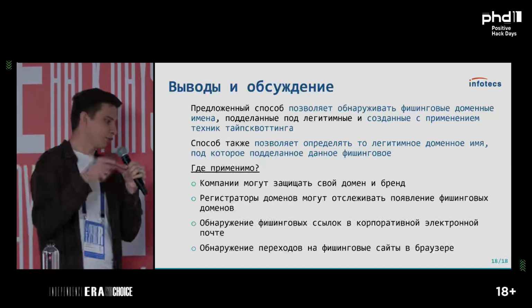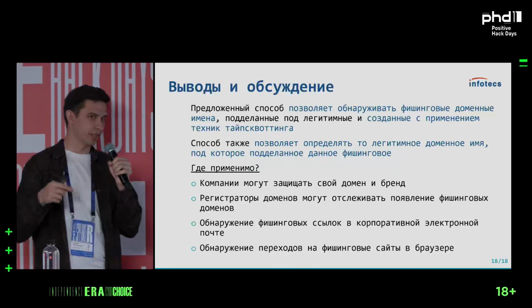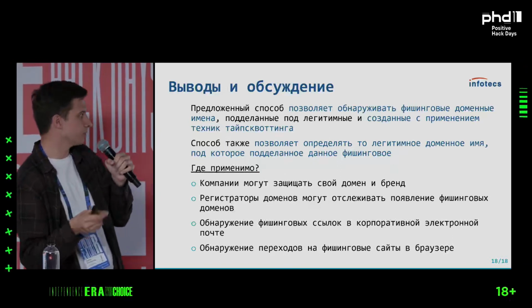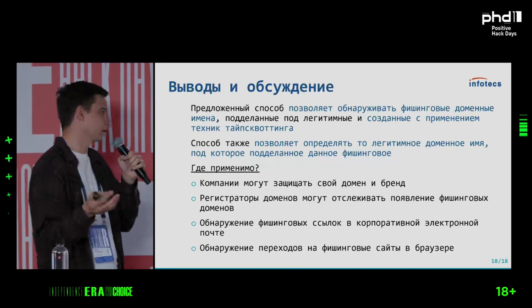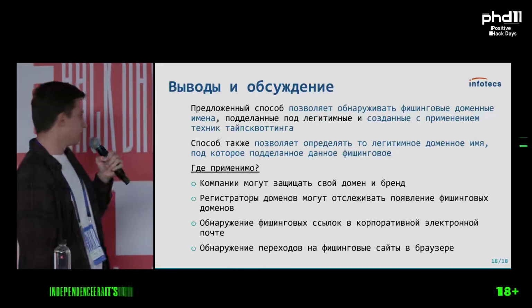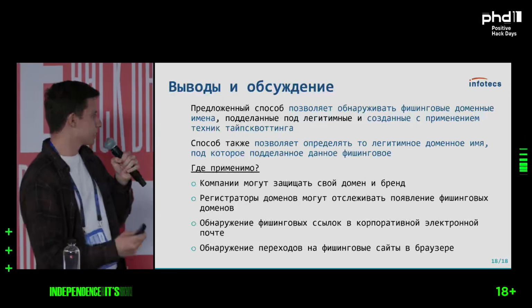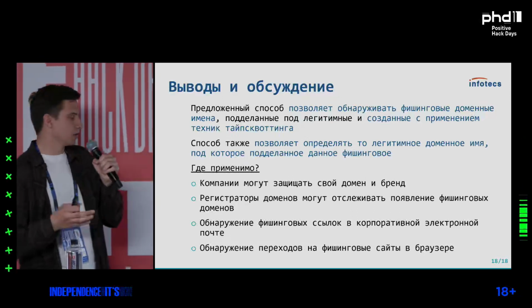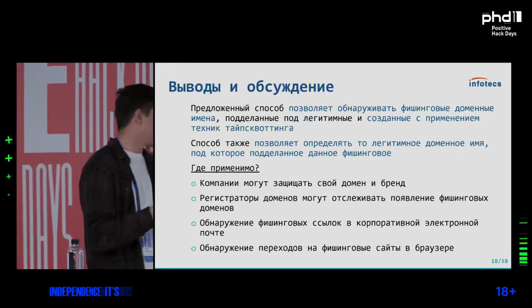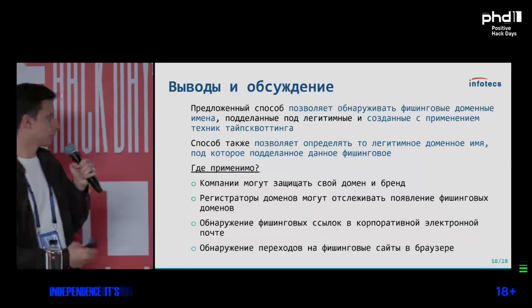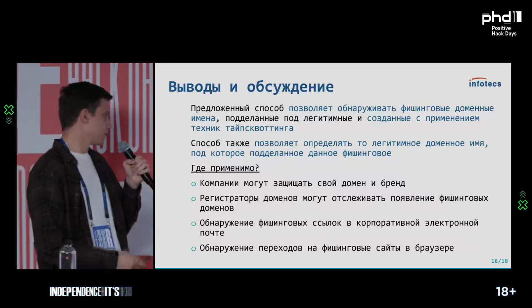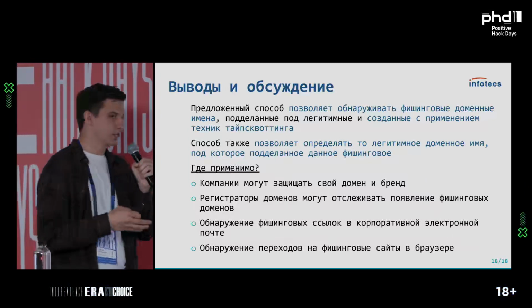And besides asking for the minimum, we can also define the one that they are squatting. Like Sberbank Online would look very much like Sberbank's site, right? So finding, purchasing, and redirecting people to a legitimate domain might be a good idea.